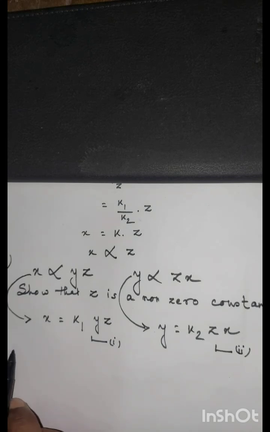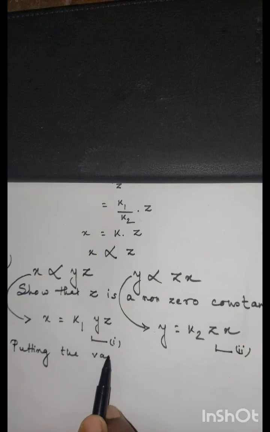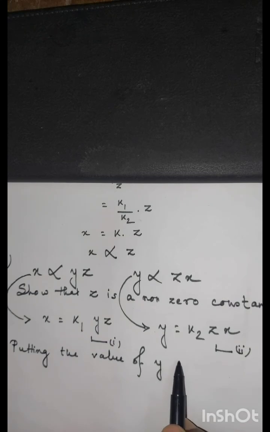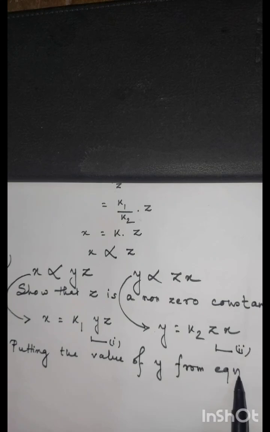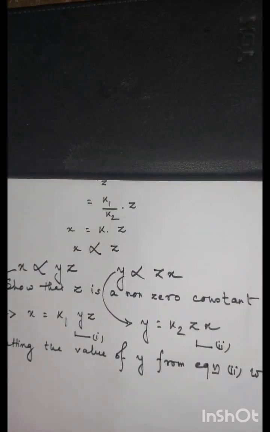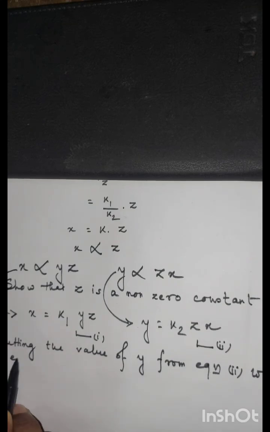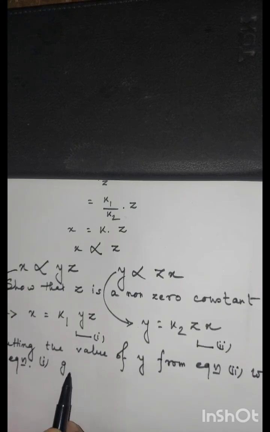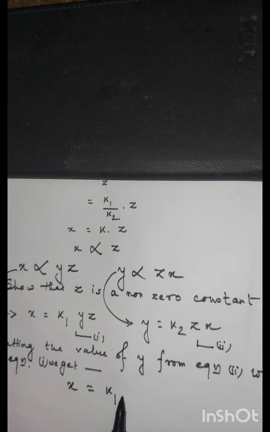Putting the value of y from equation 2 to equation 1, we get x equal to k1, or in place of y we can write k2 zx, into z.